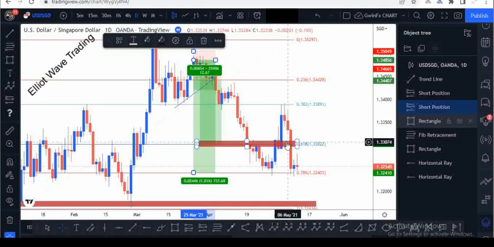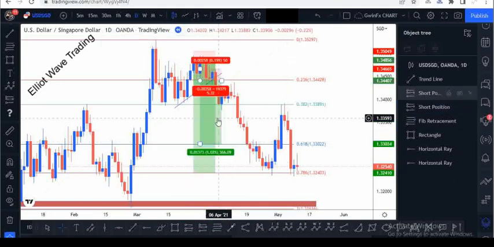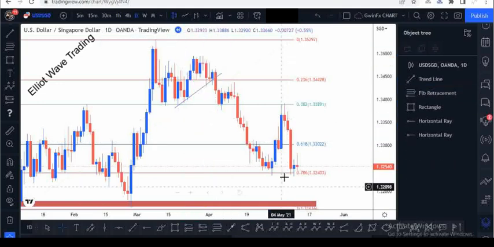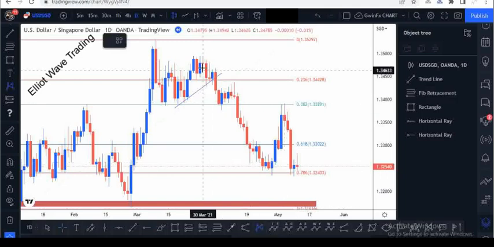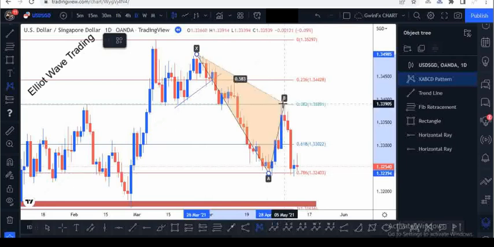Oftentimes I teach my students back in the academy and also in my group that one of the structures I look out for in trading is what I call fail to drop. Some other traders may look at this kind of formation as maybe just these.